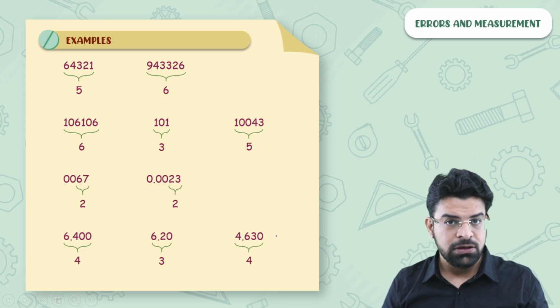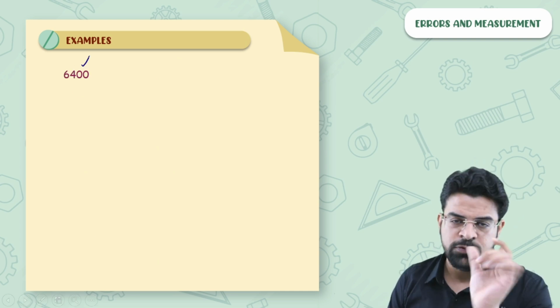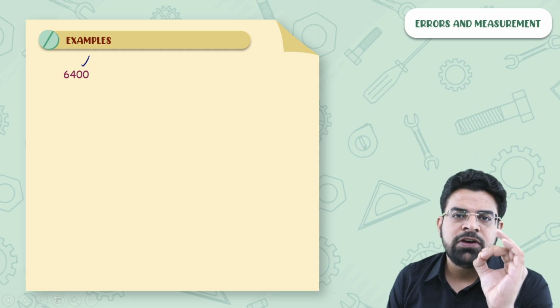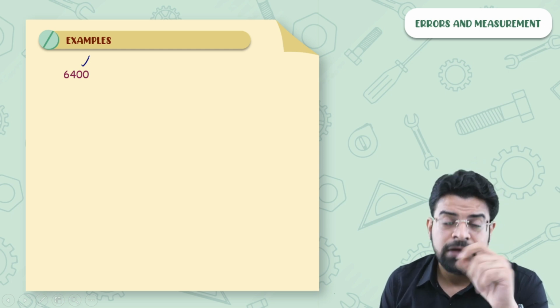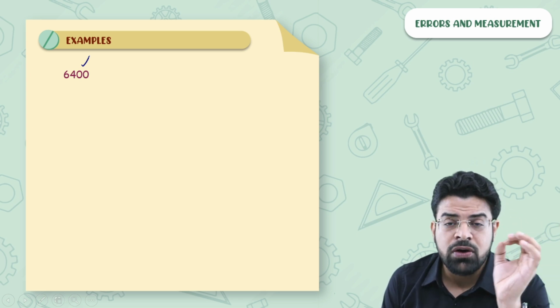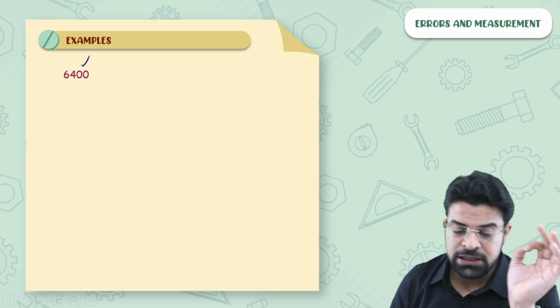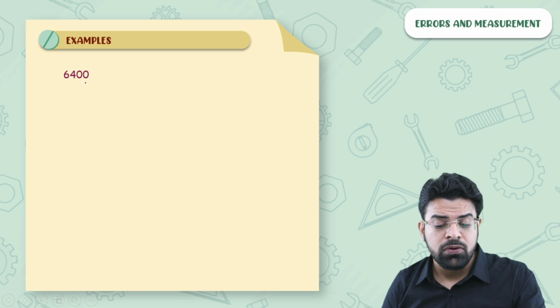Okay, let's practice a little bit more. Let's say you see somewhere written 6400. How many significant figures are there? It depends upon how the measurement is made. If somebody just gave you a random number 6400 without doing any measurement, then you will say it has got 2 significant figures, because human beings have the habit to round off.